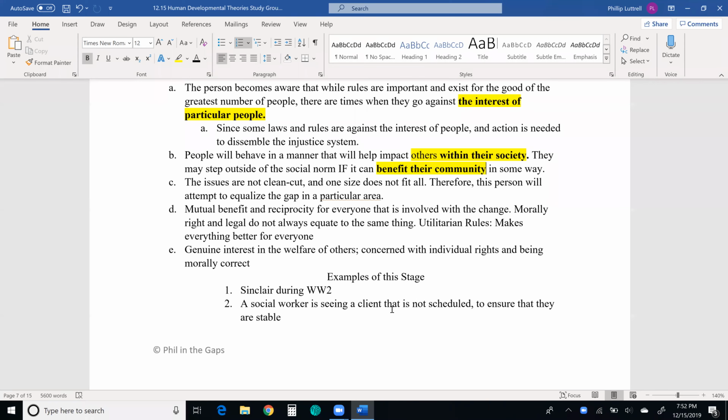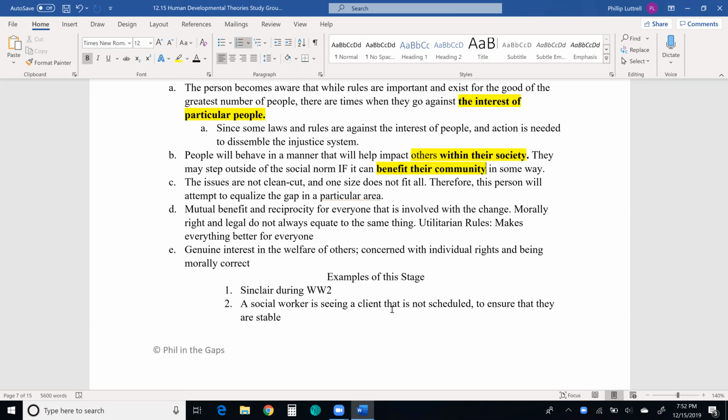The second example is to picture a social worker seeing a client that is not scheduled to ensure that they are stable. As a social worker, I'm sure that you guys have booked schedules. I know I do, as well as clients that have resources and crises. This would be you staying after your normal hours to see a client to make sure that they are benefiting in that way.